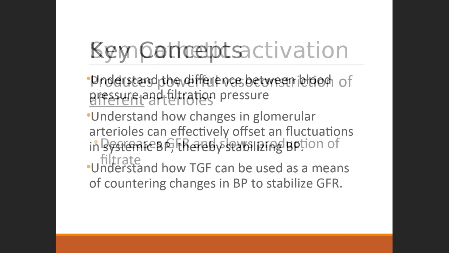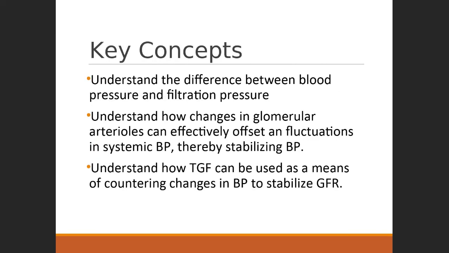So when we look at our key concepts now, it helps to study this in order. Understand how filtration occurs at the glomerulus to begin with. We have a hydrostatic pressure, and at that point, you can loosely call that blood pressure, pushing fluid out of the capillary and into the rest of the nephron. However, we have to quickly realize that because blood pressure can fluctuate, under that model, GFR can also fluctuate. But we want to keep GFR constant.